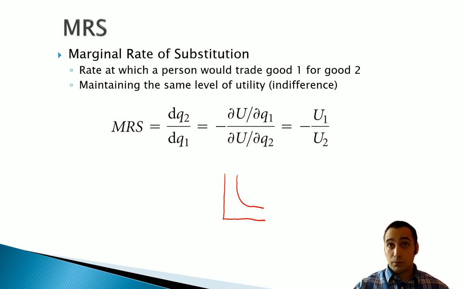That is, at any point on this, the slope of a line tangent to this curve is just going to be negative marginal utility with respect to good 1 divided by marginal utility with respect to good 2. And we will, for shortness, call your MU1 just big U1 and MU2 just big U2. And that'll give you the slope of this curve at any point.